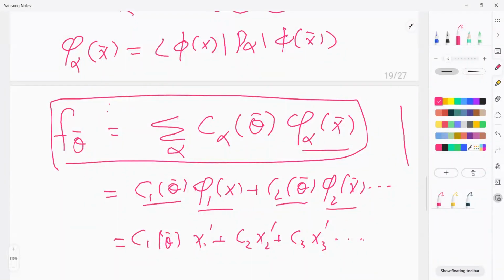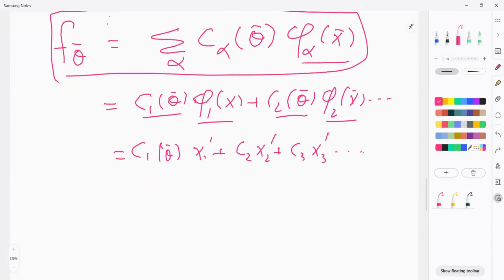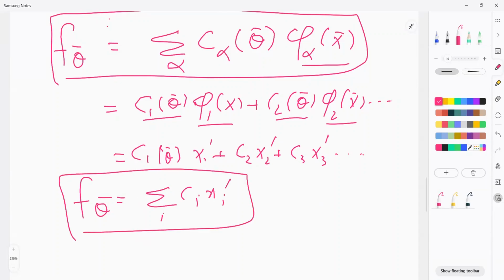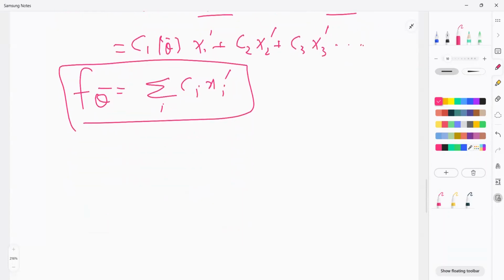So this F theta is just a linear model in the feature space. Any question so far? No? Okay, perfect.